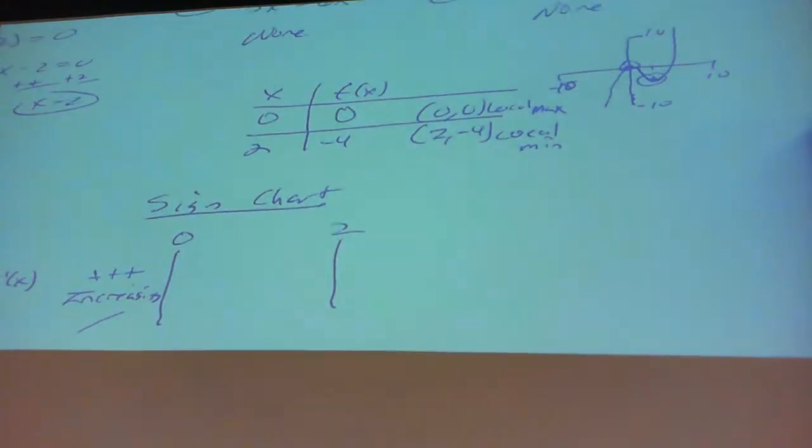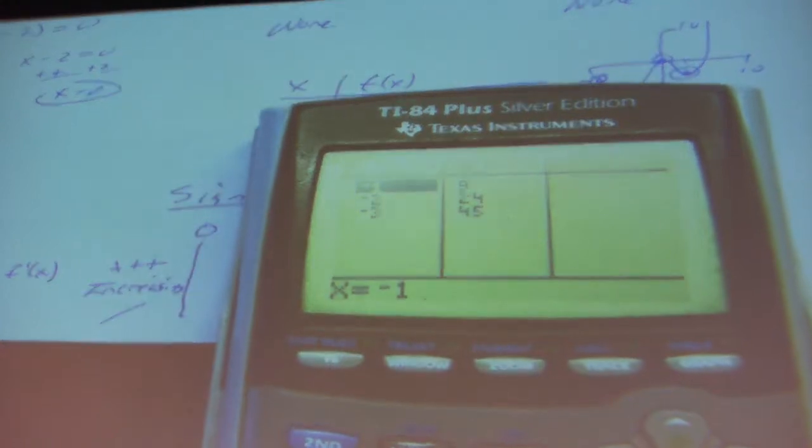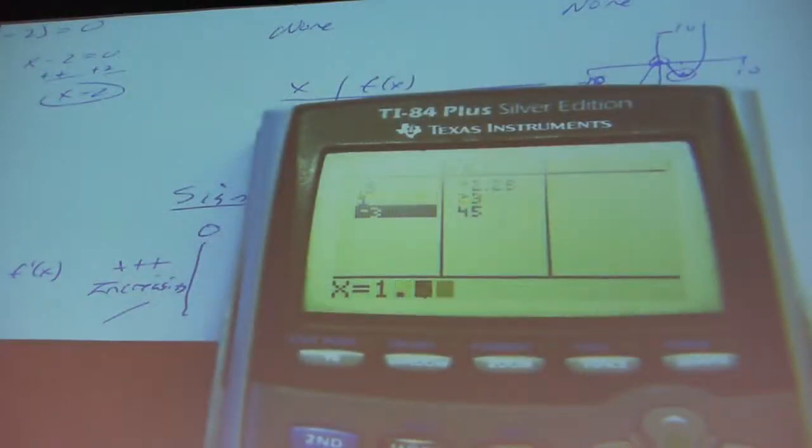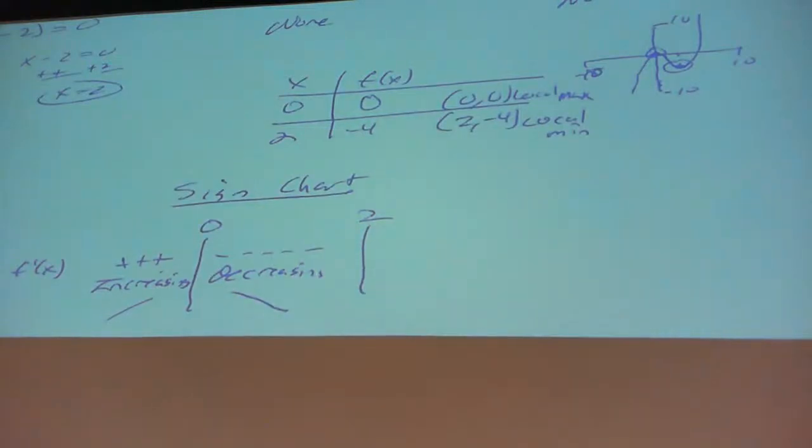Numbers between 0 and 2, like 0.5, 1, 1.5, 1.75, all of those are negative. That's where the graph is decreasing. So again, increasing then decreasing, we have a local max.